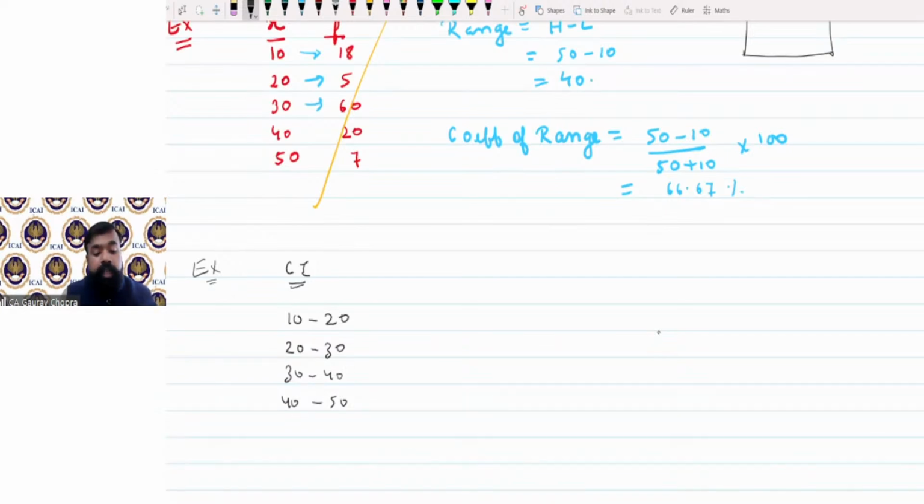This is the class interval. Frequency is 12, 18, 26 and then 15. This is the frequency. Now again we have to calculate range. So what will be the range in this question? Now you guys can answer. What is the value of range in this question?